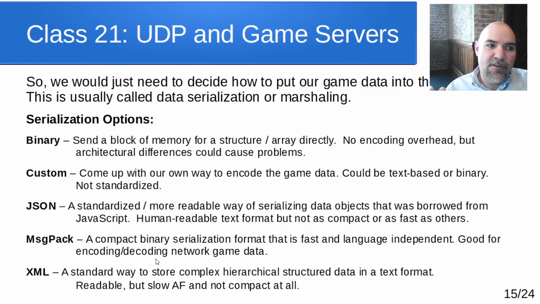But if you have something running on mobile, on an ARM architecture of some sort, and the server is running on some sort of x86 architecture, then you might have a problem using binary. Binary has very low overhead because there's no encoding or decoding involved, but I would suggest being cautious when using it.